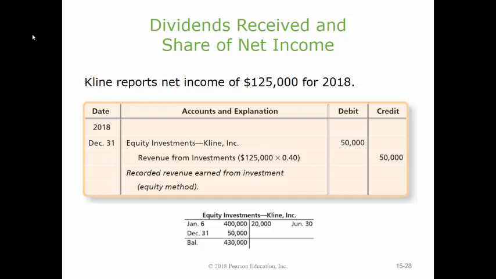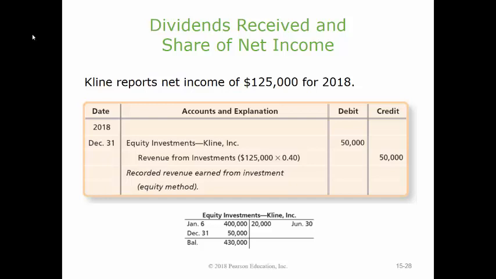And as you can see on our T account at the bottom, we originally paid $400,000 to buy this large stake in Klein, the company we now have significant influence over. They declared dividends, decreasing their value, and because we have this equity method going on, we need to decrease the value of our investment when the value of the company we are invested in decreases.